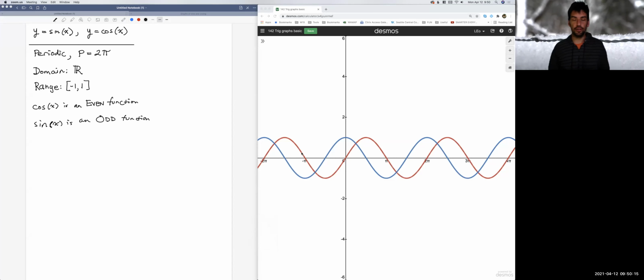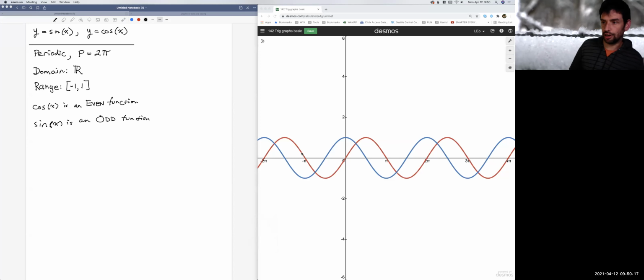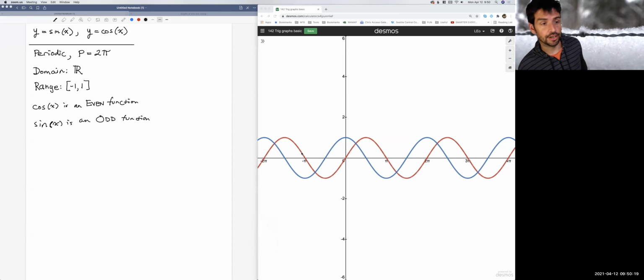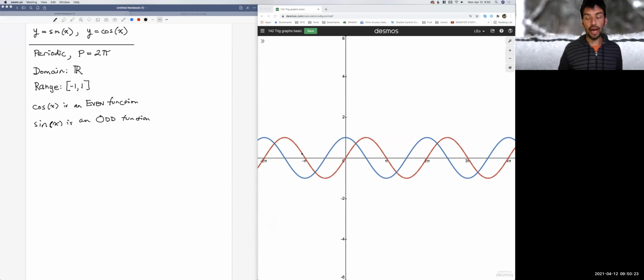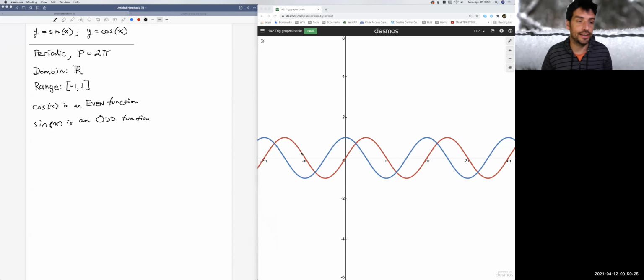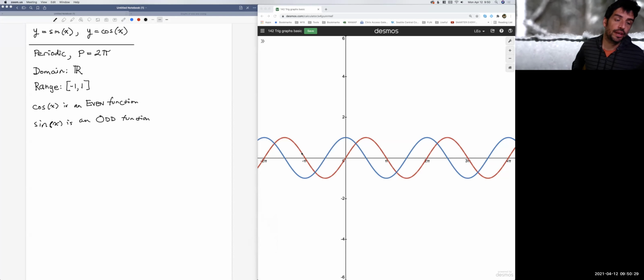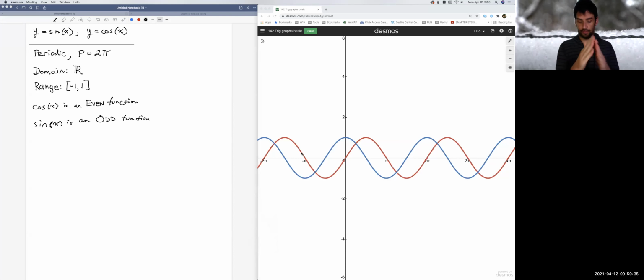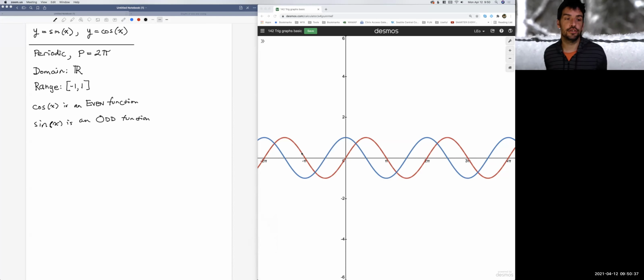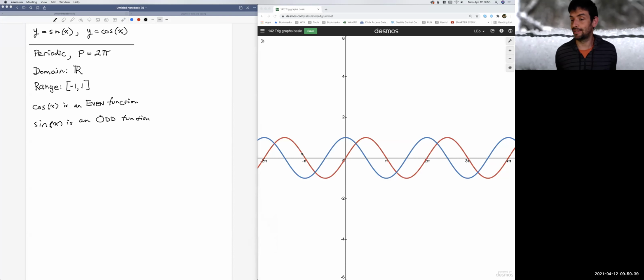Everybody. So we're going to continue talking about the graphs of sine and cosine. This is what we were doing in the last video. And so what we had come to was that both sine and cosine were periodic functions with a period of 2 pi. And this is the notion that they repeat, that if you shift by 2 pi, you'll get to the same place, right?